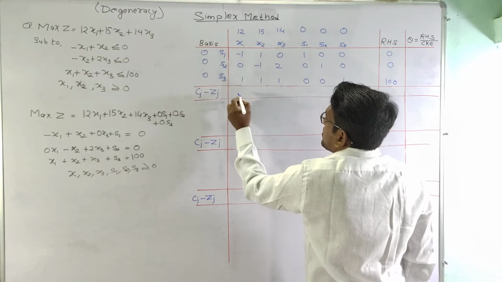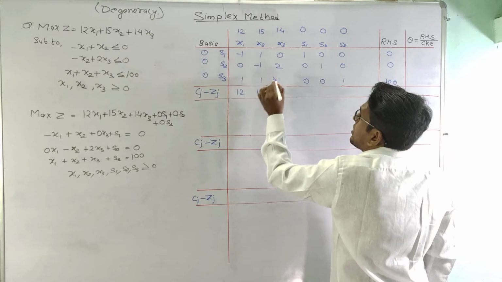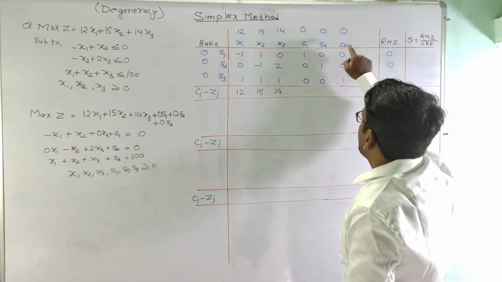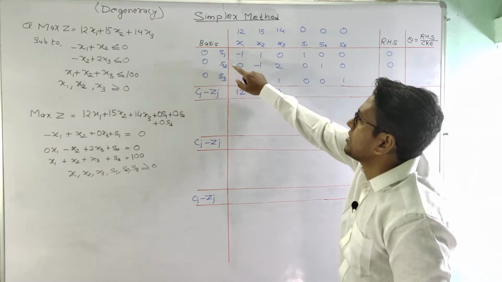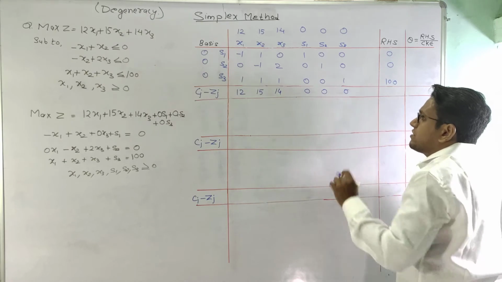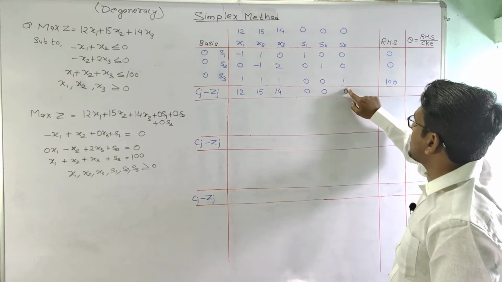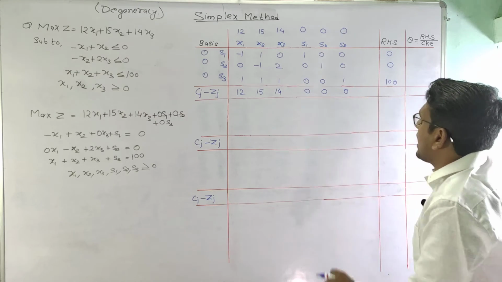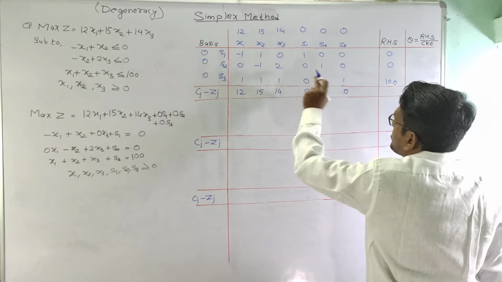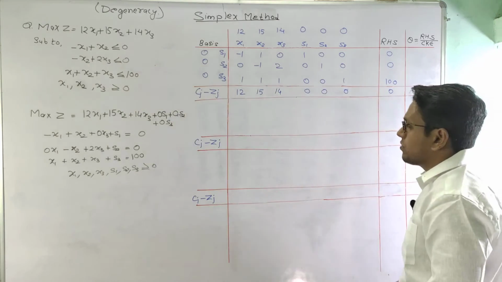So 12 minus 0 is 12, 15 minus 0 is 15, and 14 minus 0 is 14. As s1, s2 and s3 are basic variables, they will attain a value 0 in the Cj minus Zj row. We will also calculate the value of z, our objective function. At this stage our objective function is 0.